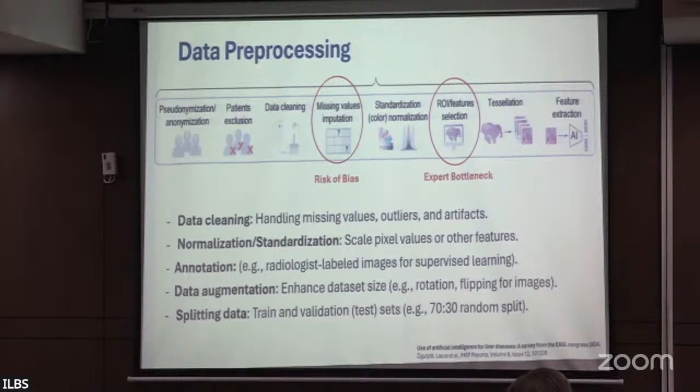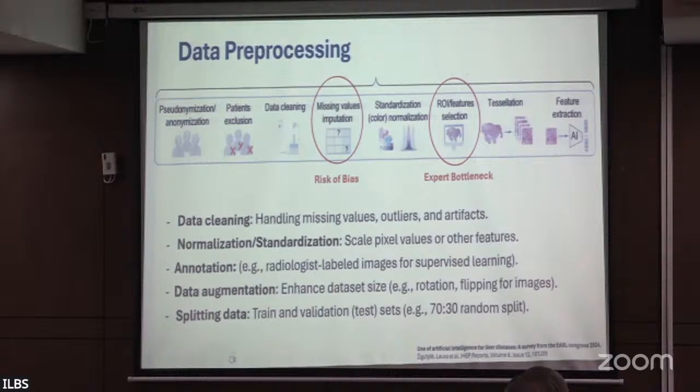So data pre-processing has these two major areas. Risk of bias, we already discussed in the last class. We should cover different varieties, regional, geographical, whatever the possibility of variety is there, we should collect all of these. And the bottleneck is the ground truth annotation. For a classification model, we have a supervised model, so we need the label first.